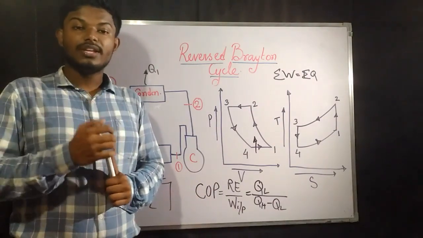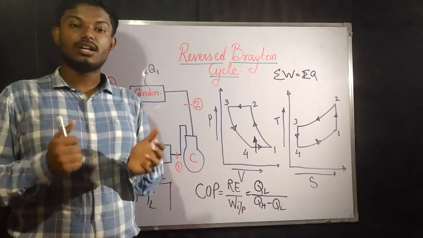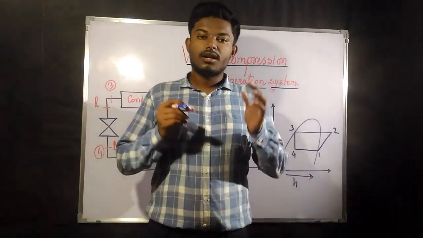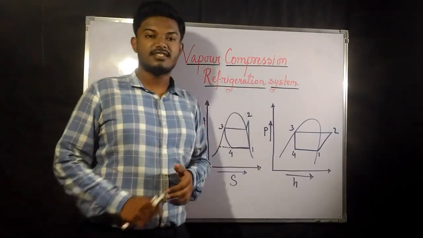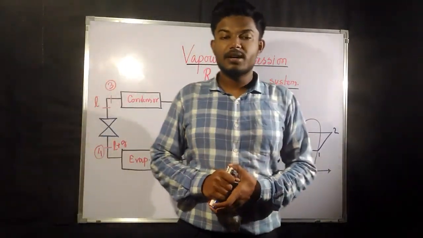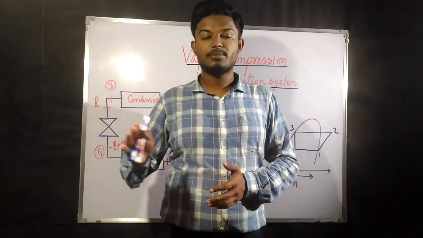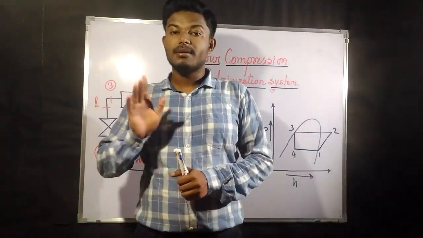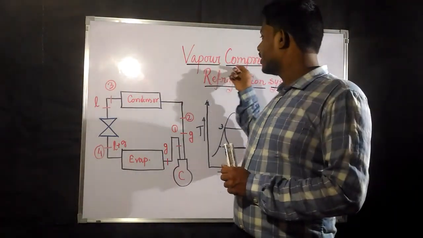Now we are going to start with the vapor compression refrigeration system, known as VCRS. In the vapor compression refrigeration system, the procedure is completely the same, but there is only one difference: this is vapor compression.